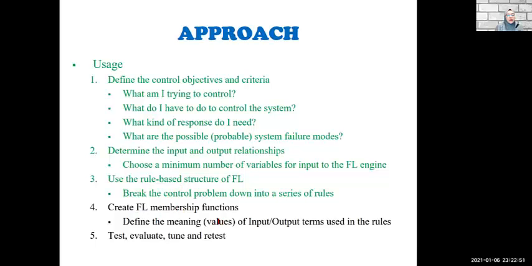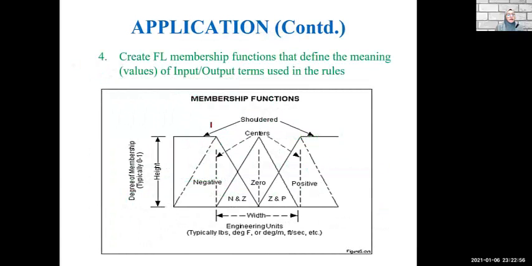Now create the fuzzy logic membership function. The fuzzy logic membership function defines the meanings or values of input-output terms used in the rules. So you have a degree of membership from 0 to 1. You have the width, you have the shoulder, you have the center, you have the 0 value, you have N and Z, Z and P, and so forth.